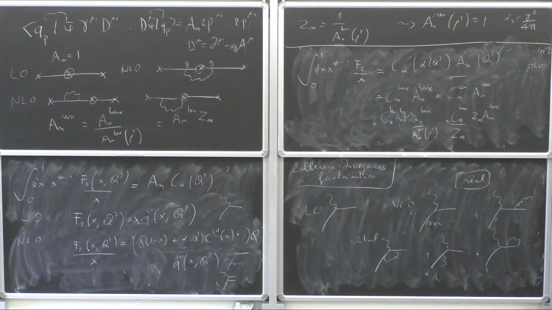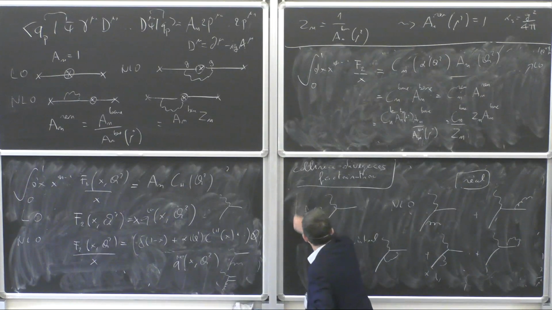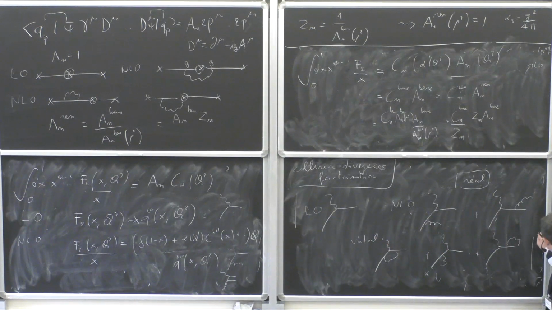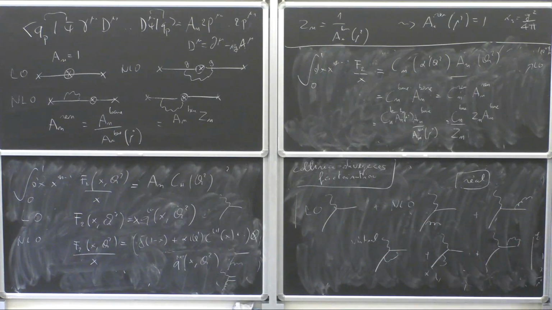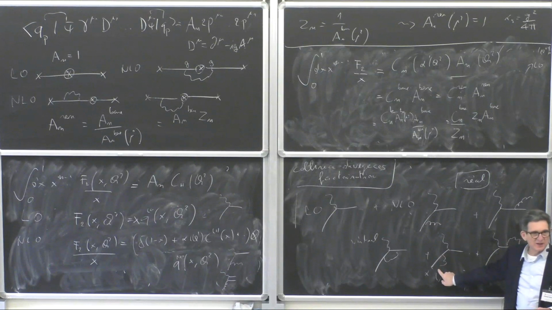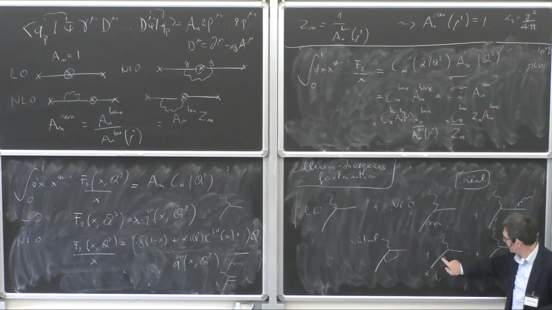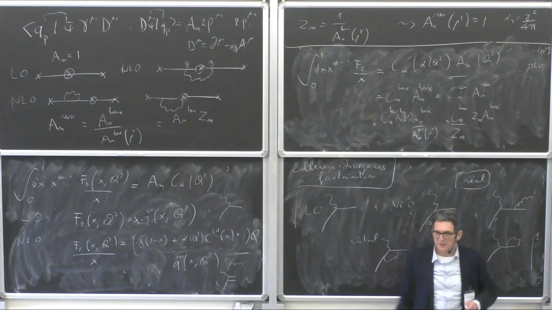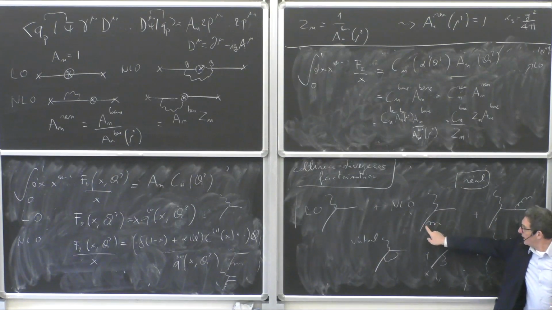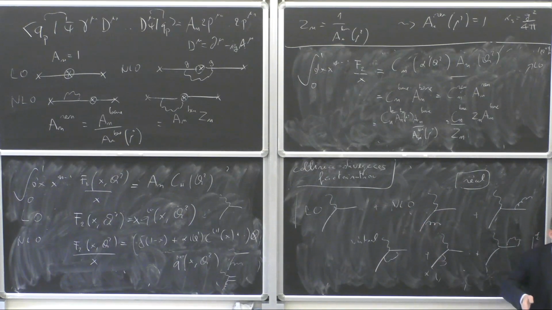Okay, so of course, you must take the square modulus of the sum of all these guys, and then when you take the square modulus, these guys have two extra powers of the coupling. So you have the interference between this guy and this guy, 2 powers in the modulus square. This guy has 1 extra power of the coupling, so you take the square modulus, it interferes with itself, and the next order is 2 powers of the coupling.